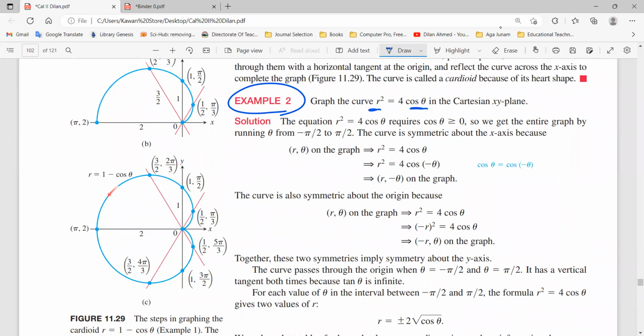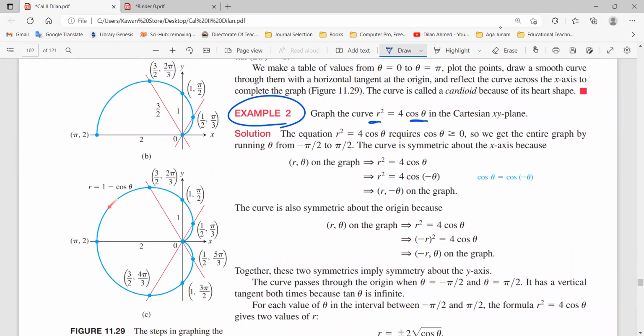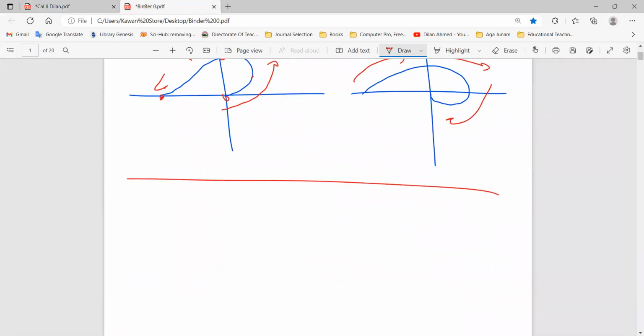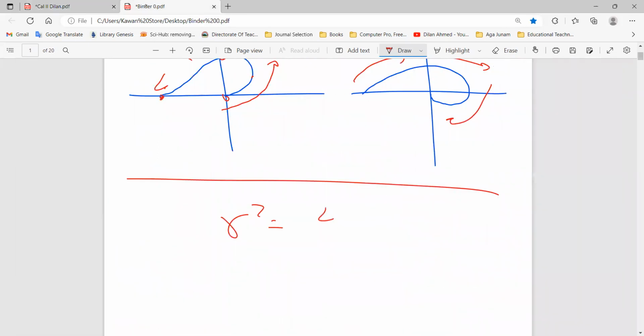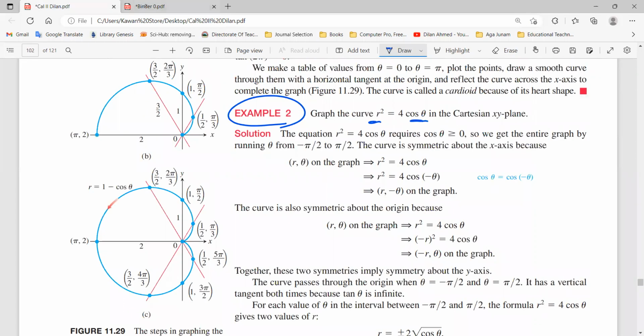Students, before starting, what should we think about? The symmetry, right? Because I have a cosine in mind, the symmetry is about what? The X-axis. You are right. We said that in the previous lecture. For example, r squared equals 4 cosine theta.